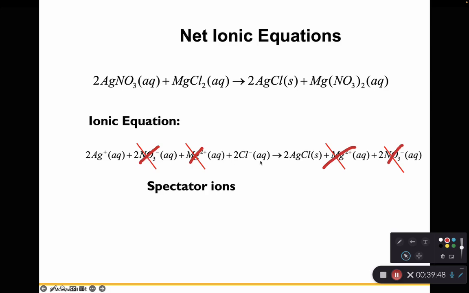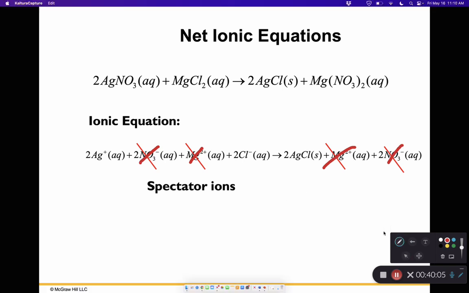Those that we cancel out we call spectator ions, because they are just like the audience. They are just watching what is going on around them. They are not literally taking part in the formation of a product. The new product is silver chloride. So silver ion and chloride ion are the main characters of the performance, and they are making the product silver chloride.